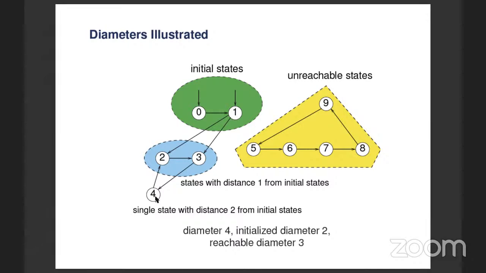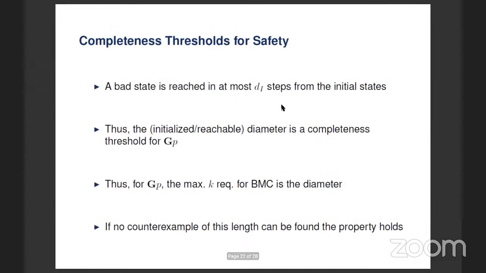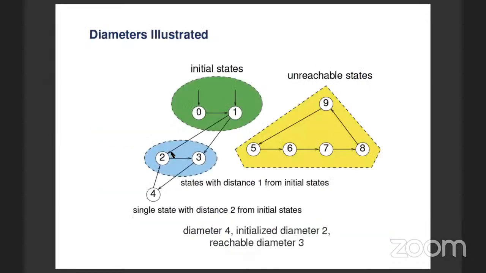Okay, because in BMC 2, at each point you're checking if there is some path from any initial state that you can get to that state, and therefore the initialized diameter is the tightest threshold for invariant properties of this kind, G of P or AG of P. Do you agree? Yes, sir.